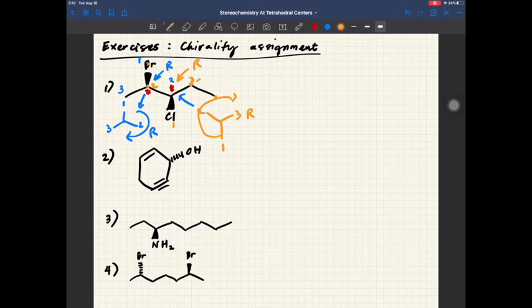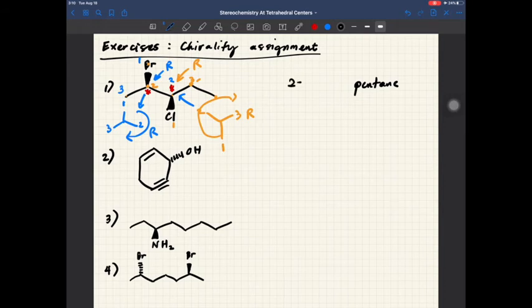So you may ask, how do we name this type of compound? Okay, so basically this one is an alkyl halide, but you must name it as an alkane. So it has 1, 2, 3, 4, 5, which is 5 carbon atoms. That means the parent name is pentane, and substituents are located at carbons 2 and 3.